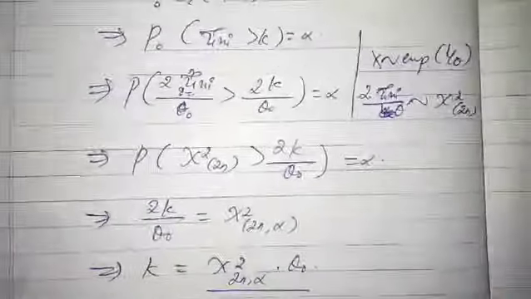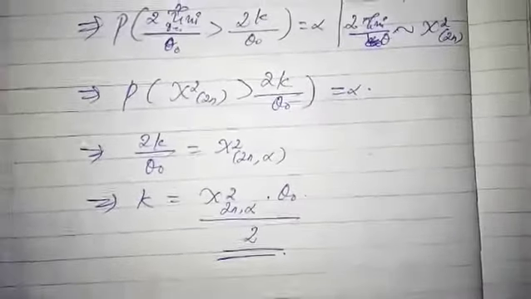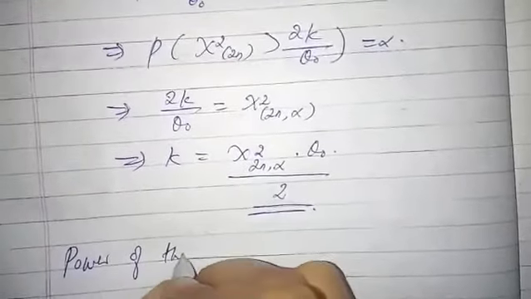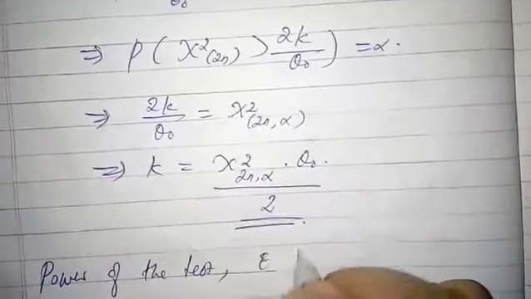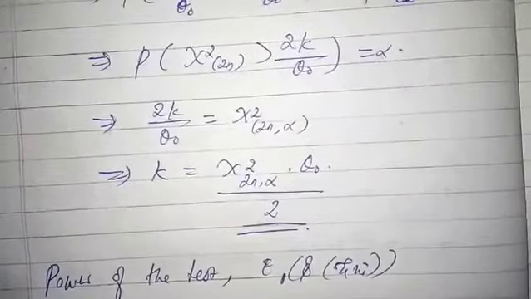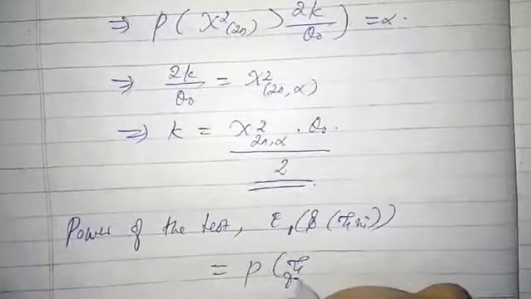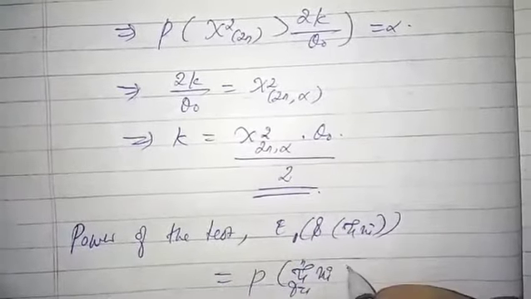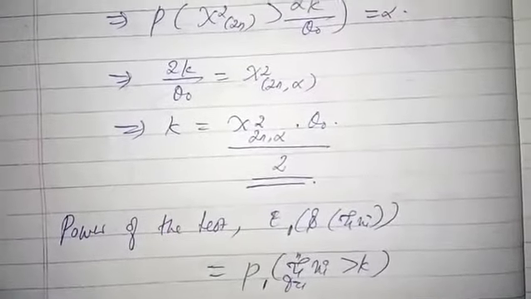So here it is the most powerful test, right. So we have to find out the value of the power of the test. The power of the test formula is the expectation of phi of summation xi under the alternative hypothesis, that is the probability of summation i = 1 to n of xi greater than k under the alternative hypothesis.